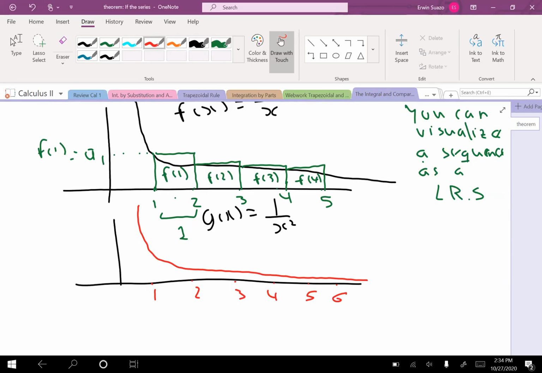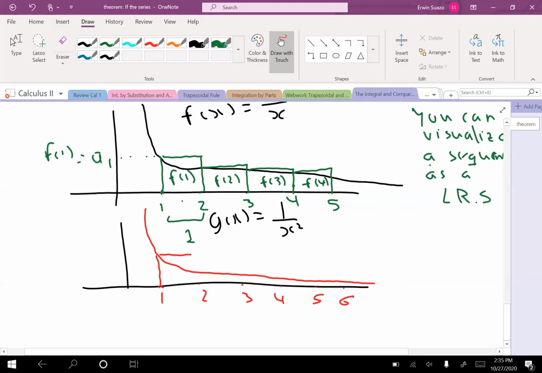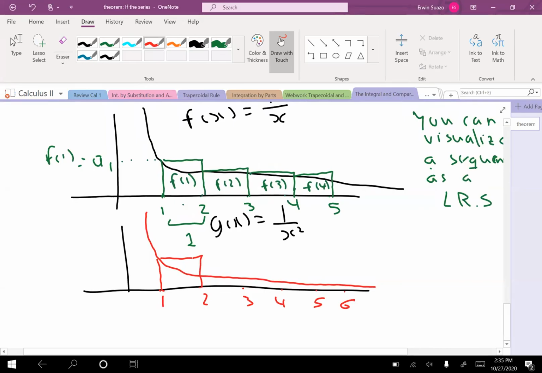Here I get my left-hand sum, and the rectangles are smaller. This is g of 1, g of 2, g of 3, g of 4, and so on.